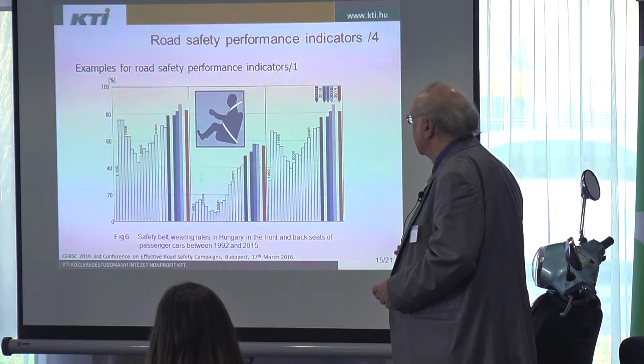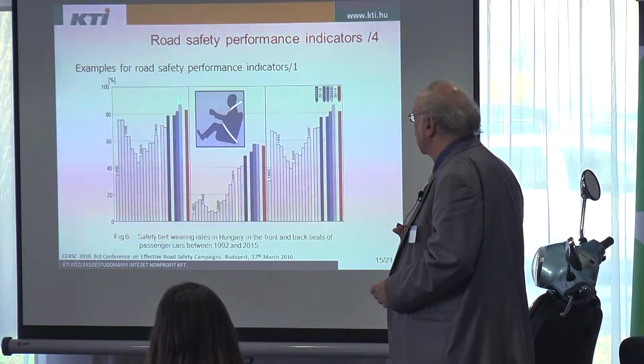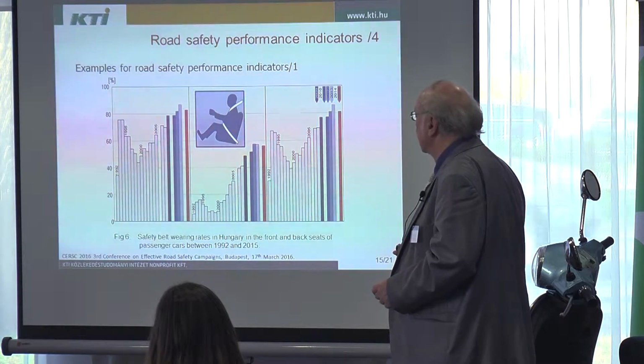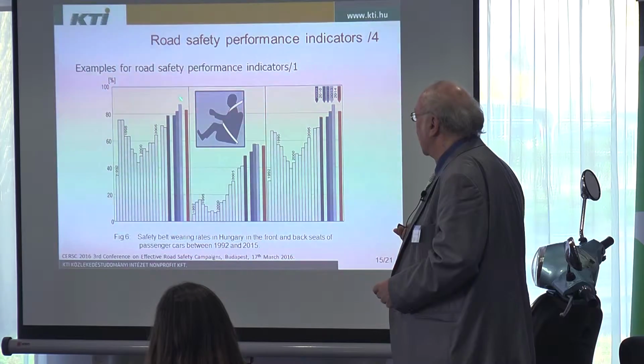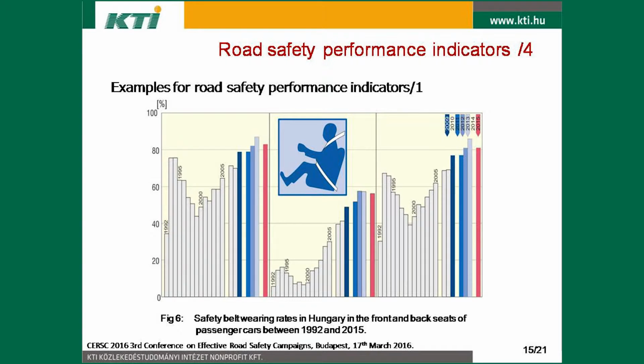In 2014 we couldn't have measurements, but the latest values for 2015 are unfortunately lower than the values in 2013. So the highest value was registered in 2013 in the history of Hungarian road traffic.